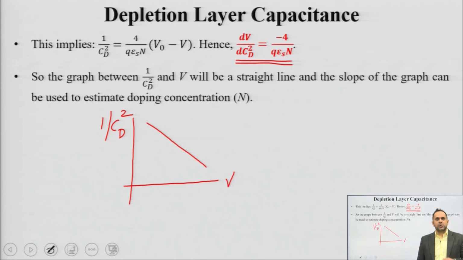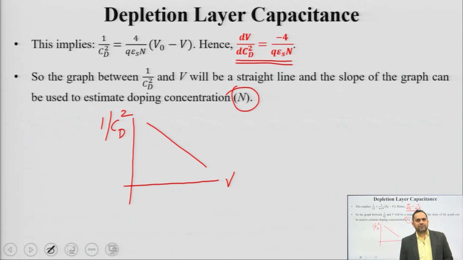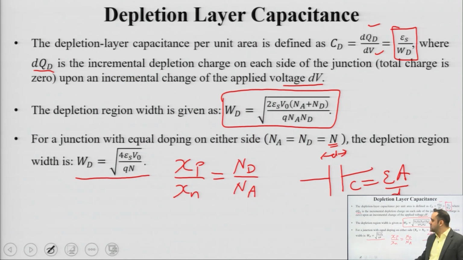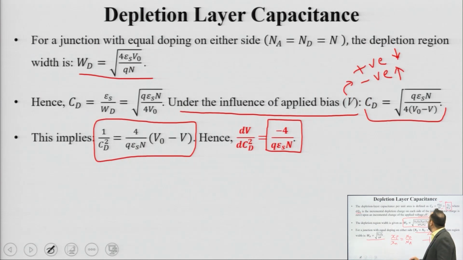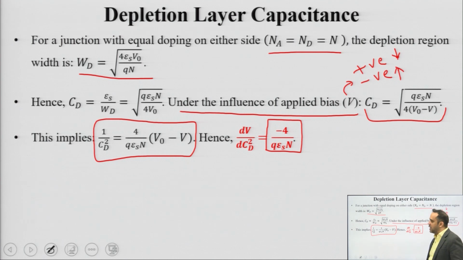If you take the slope of this kind of a graph, it is going to help you in obtaining the doping concentration. So, from where did we start? We started from a PN junction where there is equal doping on either side. We use the expression of depletion region width. We defined capacitance per unit area just for the depletion region itself. Introduced an applied bias.